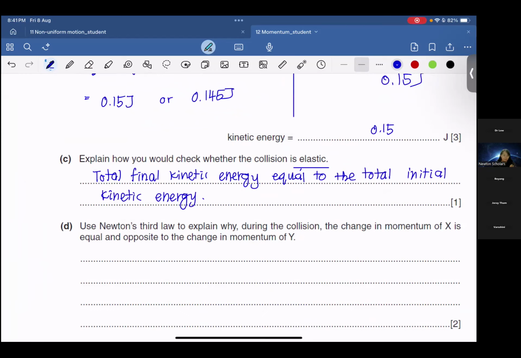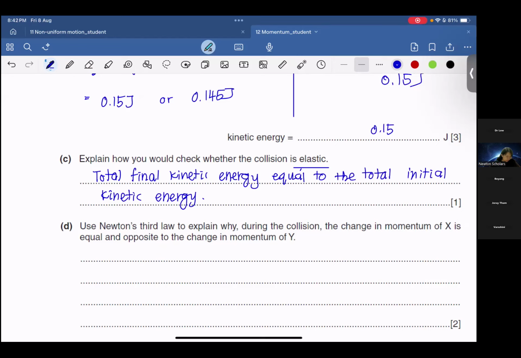Okay, you can also check the relative speed of approach, whether it equals the relative speed of separation. If they are perfectly elastic, then they also fulfill the requirement. Relative speed of approach equals the relative speed of separation.